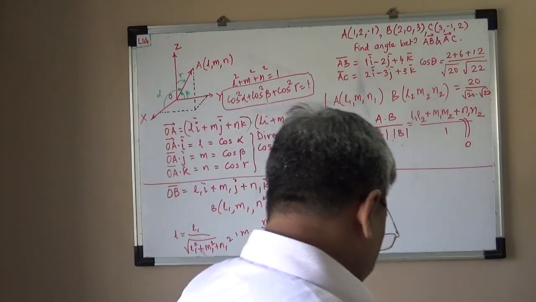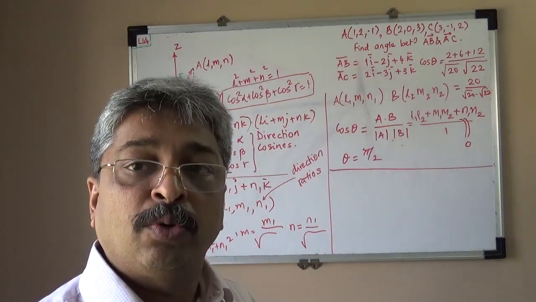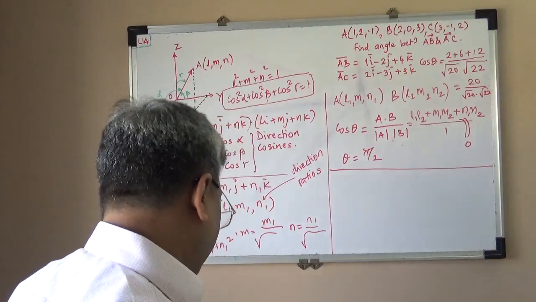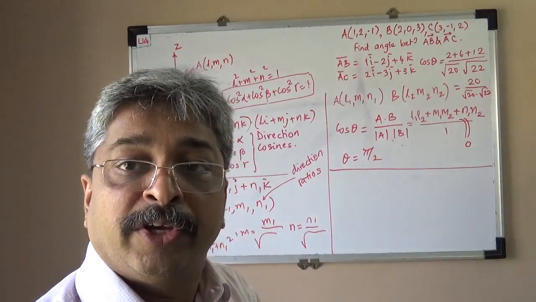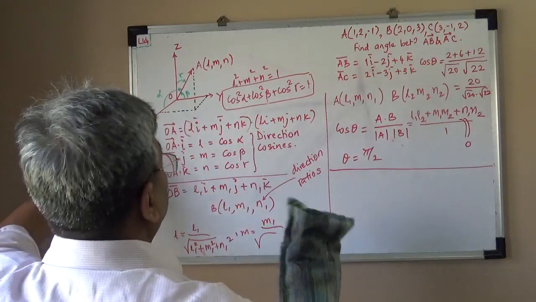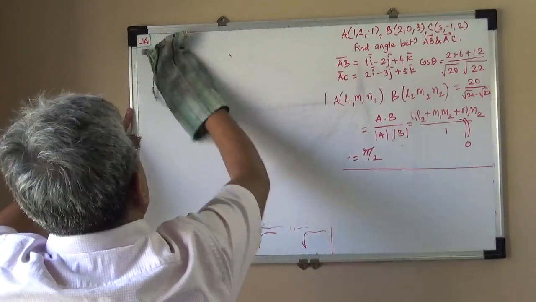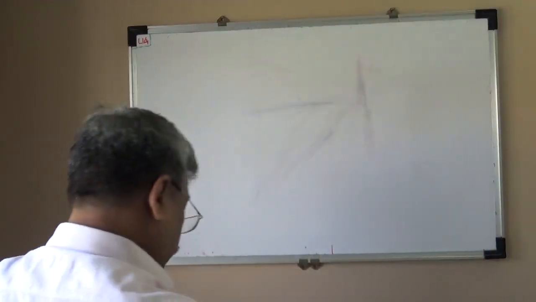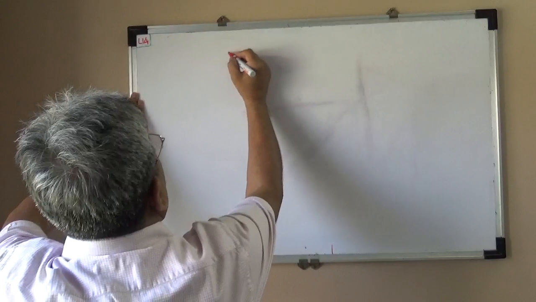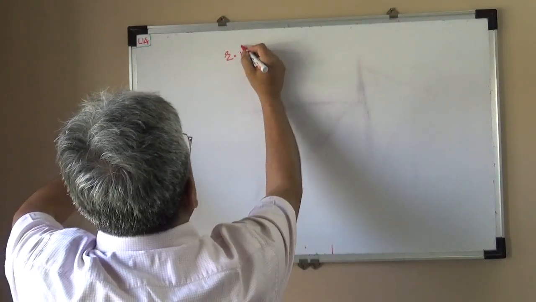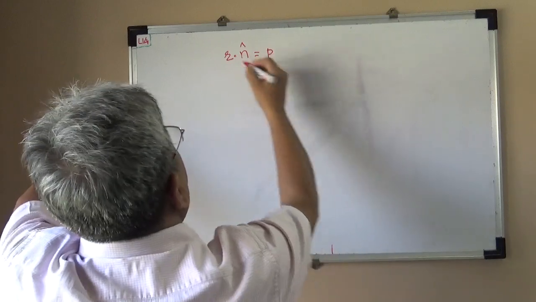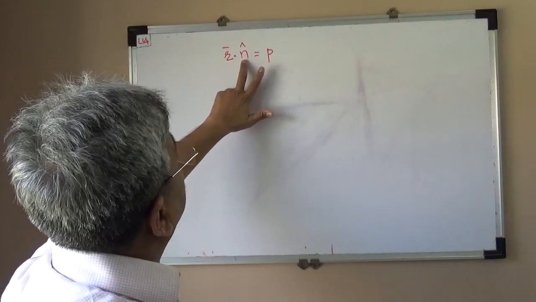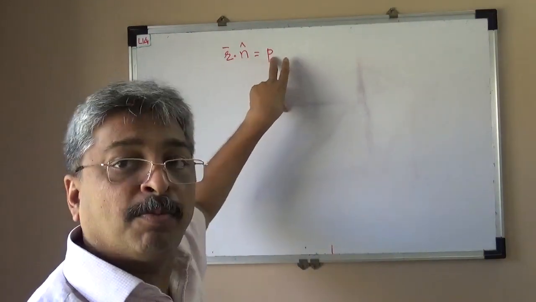Okay, so after giving you this brief introduction about 3D and how to deal with direction cosines and direction ratios, let us directly try to find out the equation of a plane in three-dimensional geometry. In vectors, the equation of a plane was r dot n cap, where n cap is the unit vector perpendicular to the required plane, and the distance from origin is p.